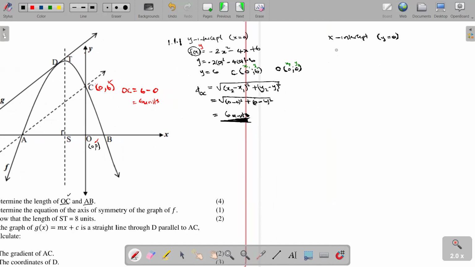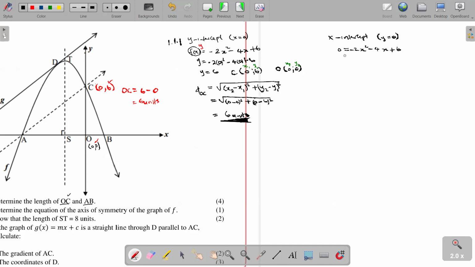it therefore means that taking our function here, we are going to substitute our y with a 0 being equal to negative 2x squared plus 4x plus 6. And take note, this one is negative.